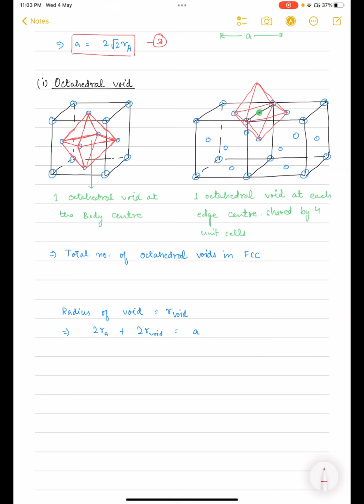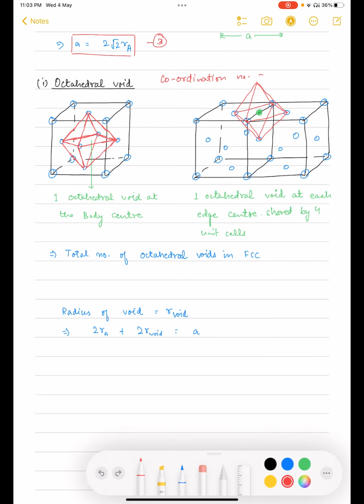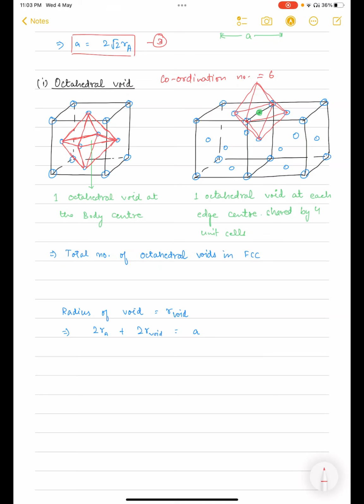So let us look at the octahedral voids first. What are octahedral voids? The coordination number of an octahedral void is 6. Its shape is somewhat like this.